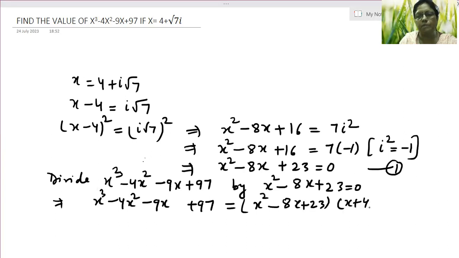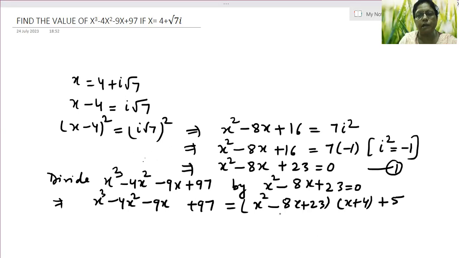You can divide, children. This you have done in class 10th also. Into x plus 4, and plus 5. You can check it. If you divide this cubic polynomial by this quadratic polynomial, then we will have x square minus 8x plus 23 into x plus 4, plus 5. The remainder will be 5.